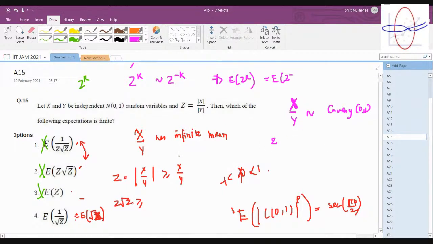But the result we have here is that if Z is the modulus of a standard Cauchy (0,1), then its expectation of Z to the power p, where modulus of p is less than 1, is sec of pi p by 2. If you put p equal to half, we get sec of pi by 4, so you know what the value is.